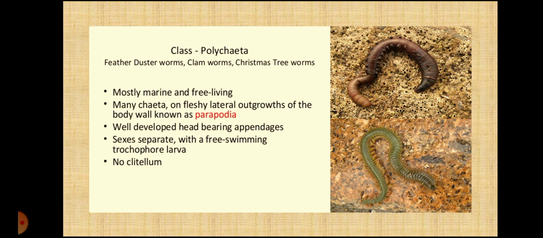Most of the organisms found in the class Polychaeta are marine or free living. There are fleshy lateral outgrowths of the body wall known as parapodia. The organisms in polychaetes are well developed, bearing appendages. The sexes are separate with a free swimming trochophore larva. There is no clitellum.